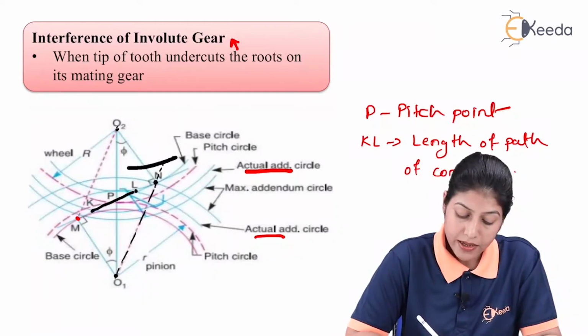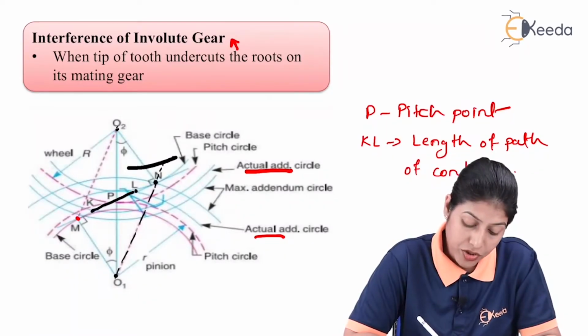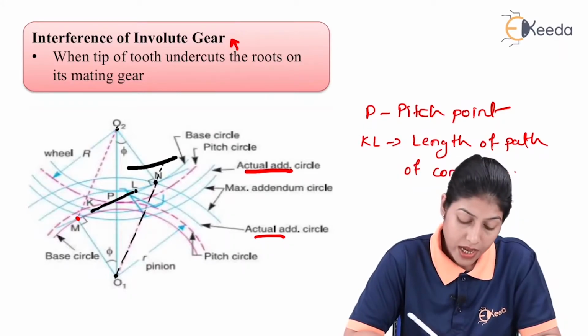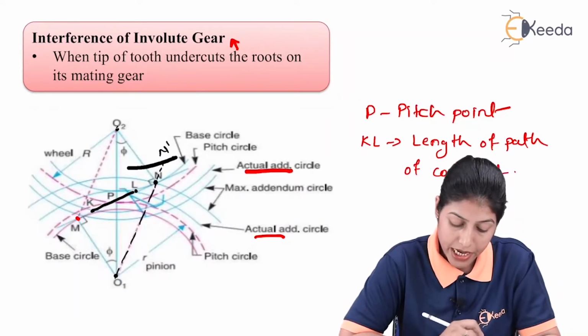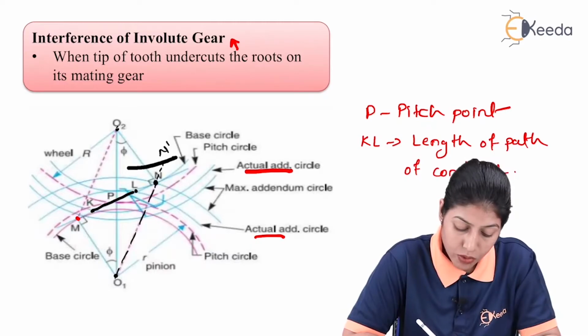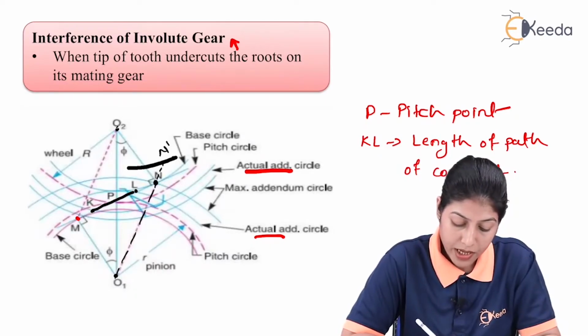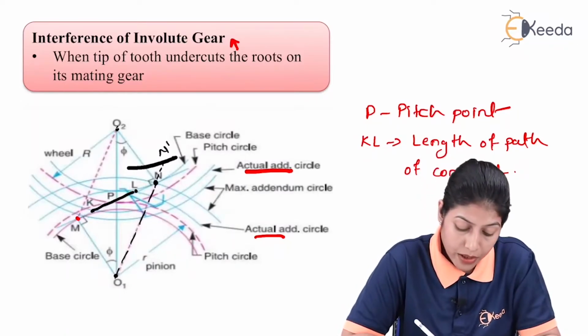So this base circle is generally representing the extreme end of the wheel. After that, when we are increasing this radius O1N up to N dash, in that case the outer end of the tooth of the pinion will cut the profile of the tooth of the wheel. So it will cross the base circle of the wheel.